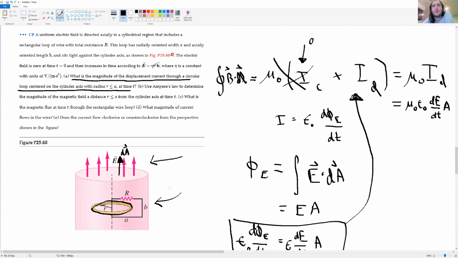So we're using Ampere's law to determine the magnitude of the magnetic field at distance r less than or equal to a from the cylinder axis at time t. So that means we're looking at an Amperian loop which has a radius like this inside this region here.